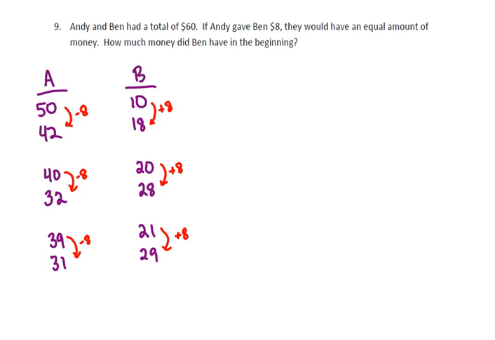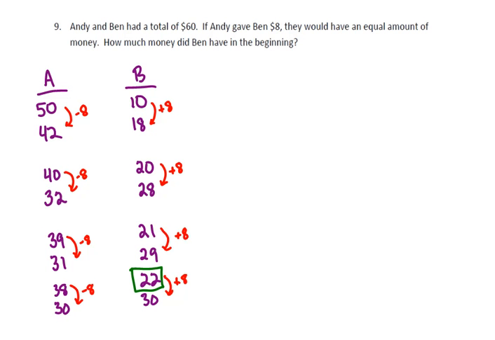Well, let's start $1 lower for Andy and $1 higher for Ben, so that we start out with a total of $60, but Andy has 38 and Ben has 22. We subtract 8 from Andy and add it to Ben, and now they both have $30. So how much money did Ben have in the beginning? Ben should have had $22.